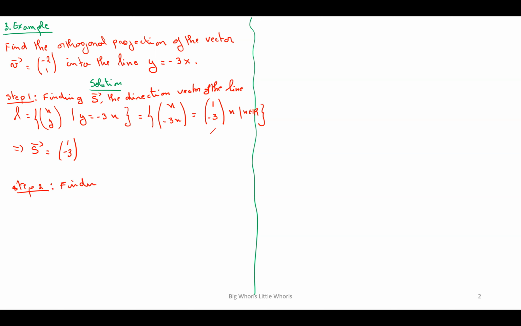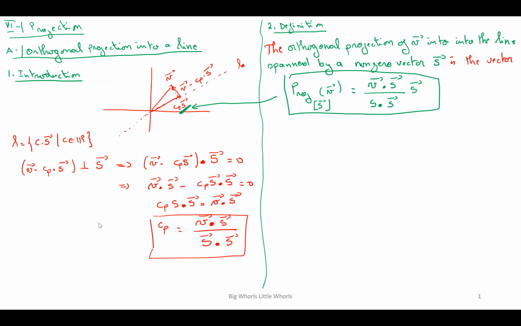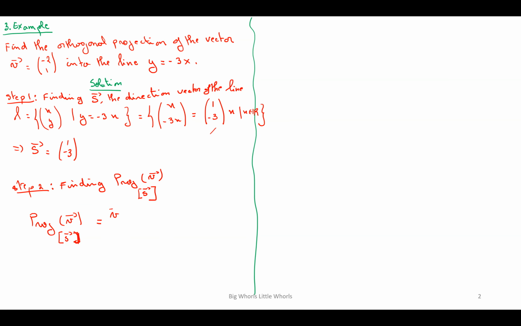Finding the orthogonal projection of V into the line spanned by S. We have seen the formula: the orthogonal projection of V into the line spanned by S is equal to V dot S over S dot S, the portion of the vector into the line, multiplied by the vector S. So this is equal to (-2, 1) dot (1, -3) over (1, -3) dot (1, -3), all multiplied by the vector (1, -3).